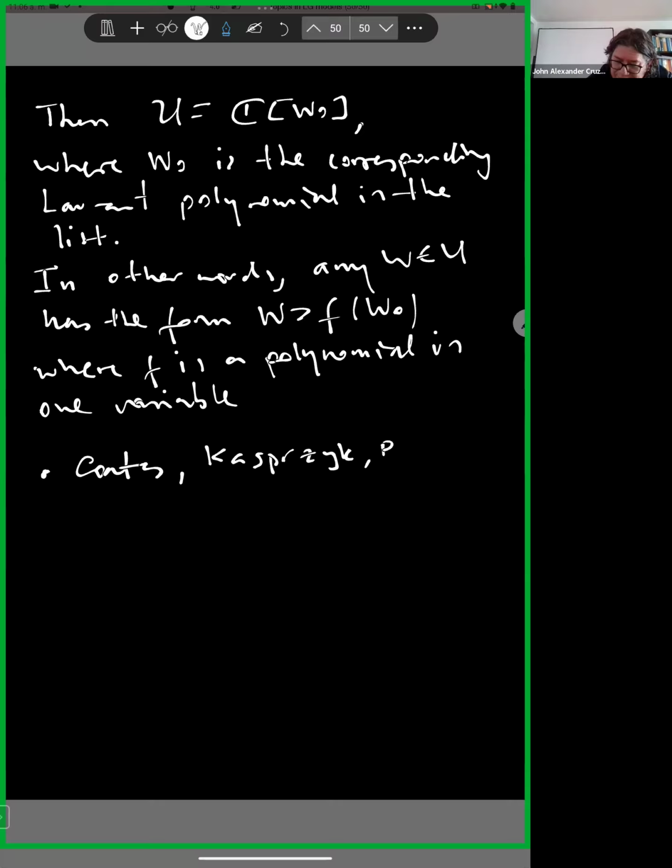Galkin and Dayton. The paper is Maximally mutable Laurent polynomials.